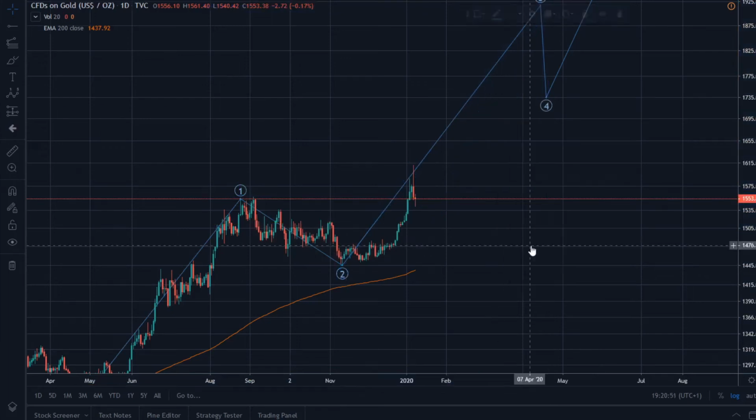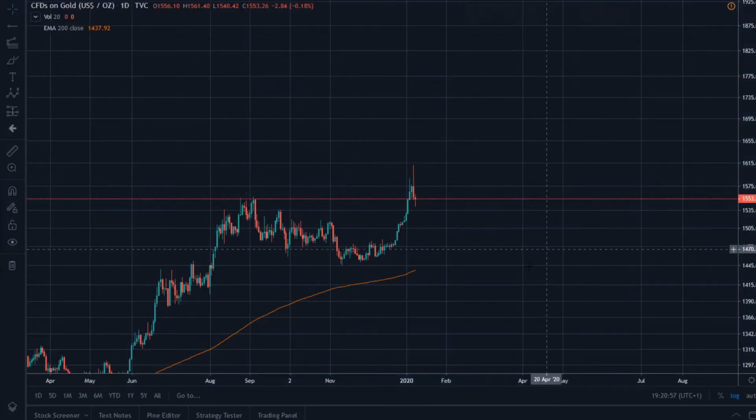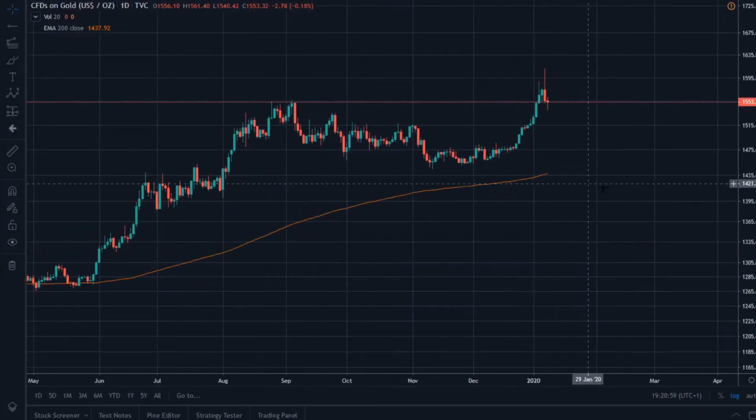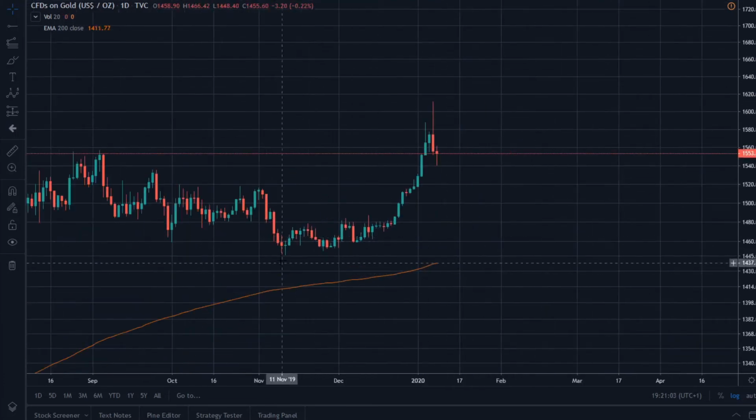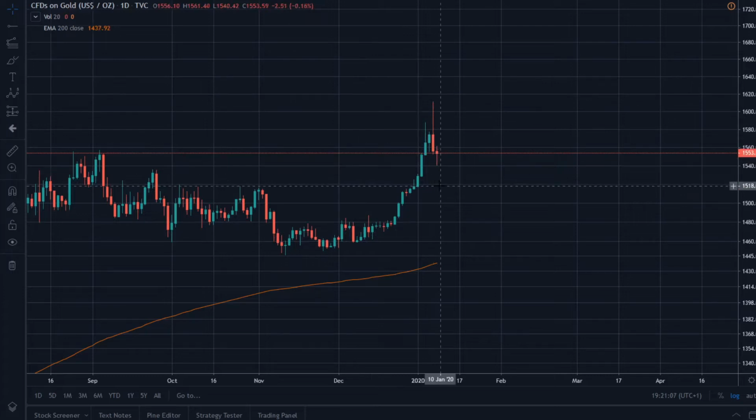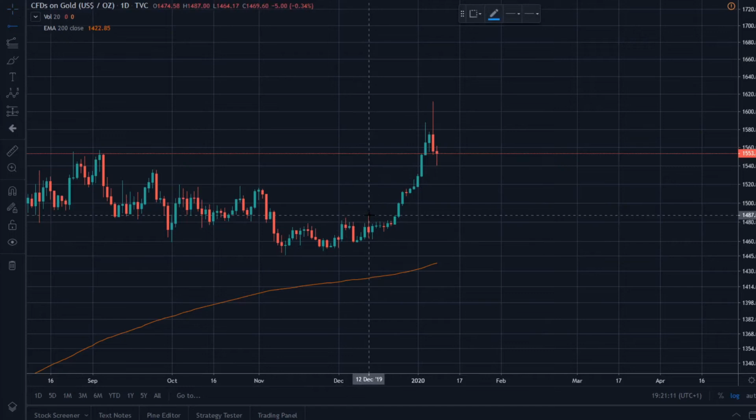Where's the difference between those two scenarios? The difference is in the make or break levels, yeah. So if all of this is a 1, 2, 3, and we are in a wave 4, and we get a wave 5, the make or break for all of this is here, because wave 4 is not allowed to go into the price range of wave 1.